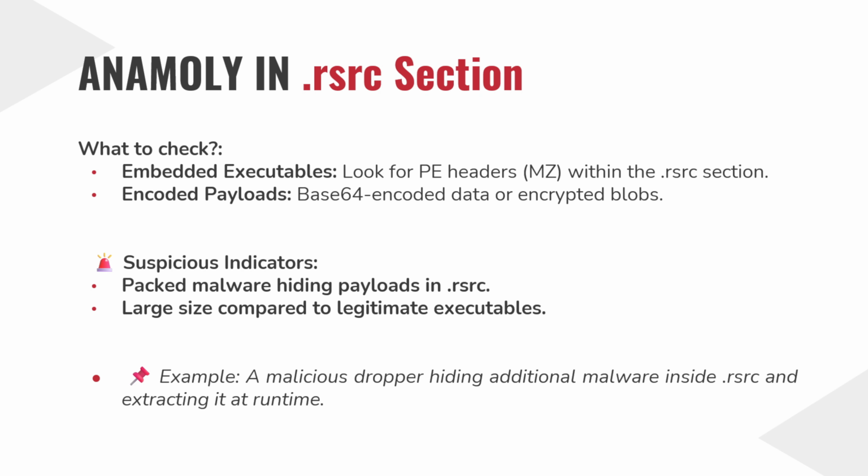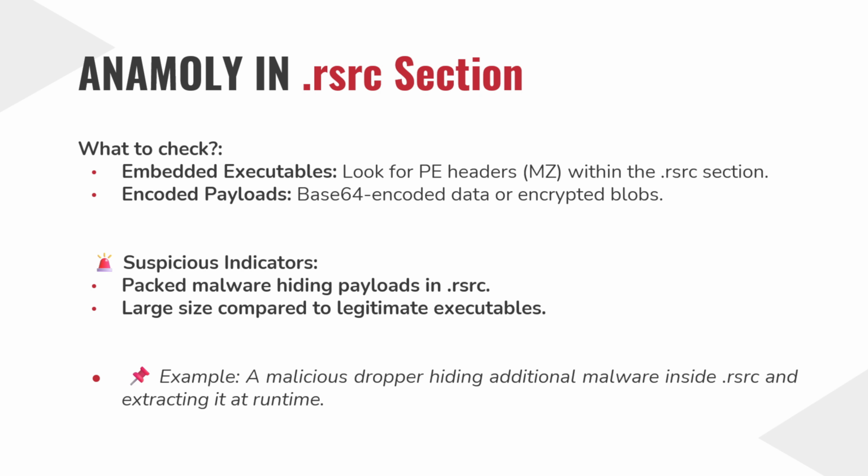Check for embedded executables in the resource section of the PE headers, like another MZ signature. This may indicate that an entire executable is hidden inside the resource section. Look for base64 encoded strings, encrypted blocks, or large sections of binary junk. These often turn out to be obfuscated payloads waiting to be extracted.